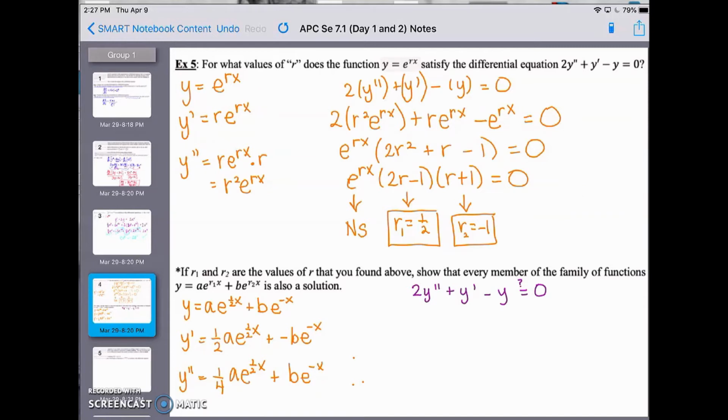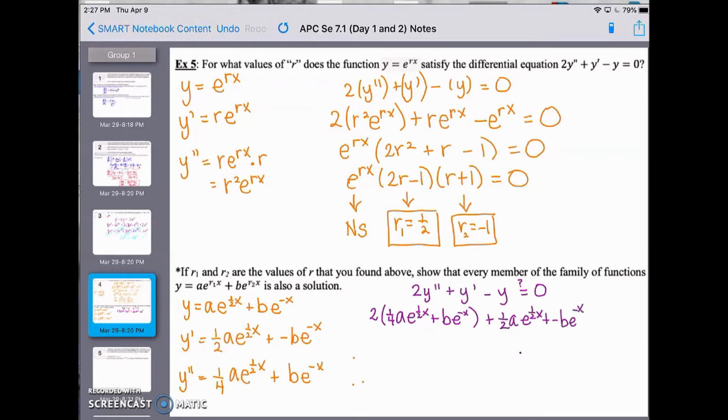So when I plug in my y prime prime, I'm going to parenthesize it. So I'm going to have 2 times (1/4 a e to the 1/2 x plus b e to the negative x) plus my y prime, which is (1/2 a e to the 1/2 x plus negative b e to the negative x).